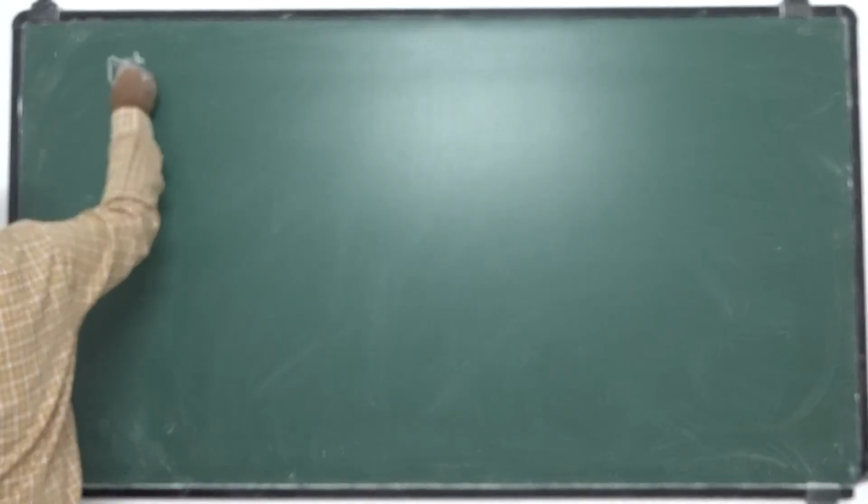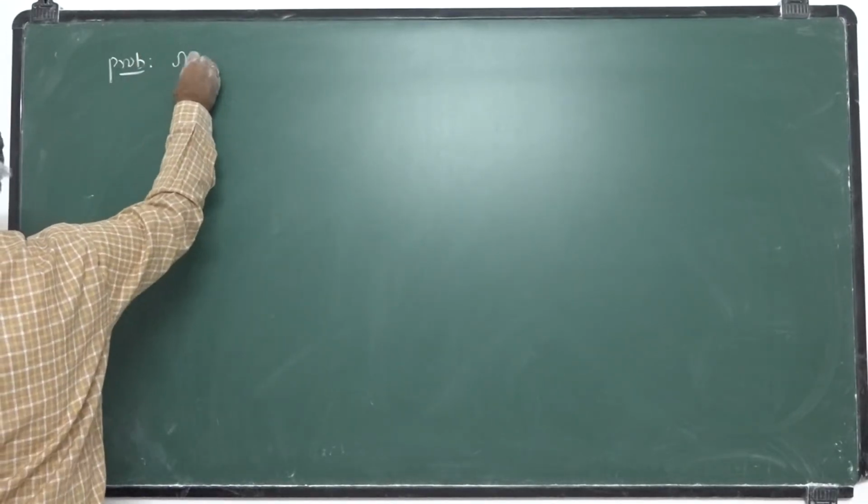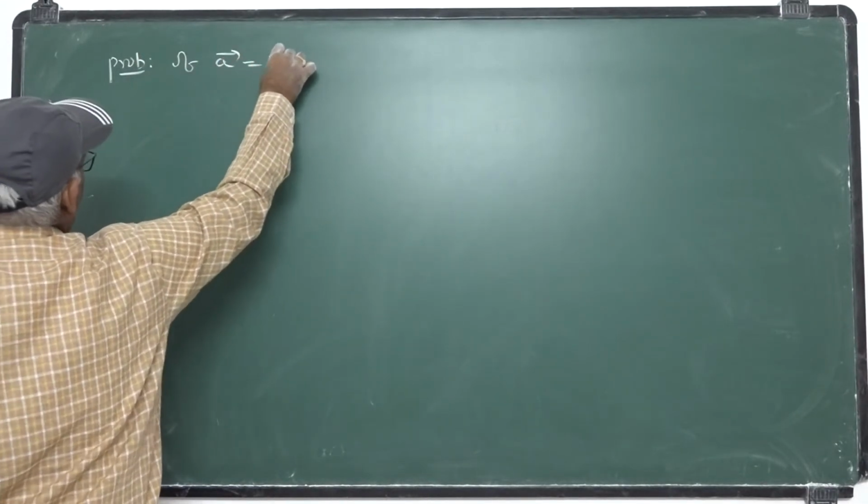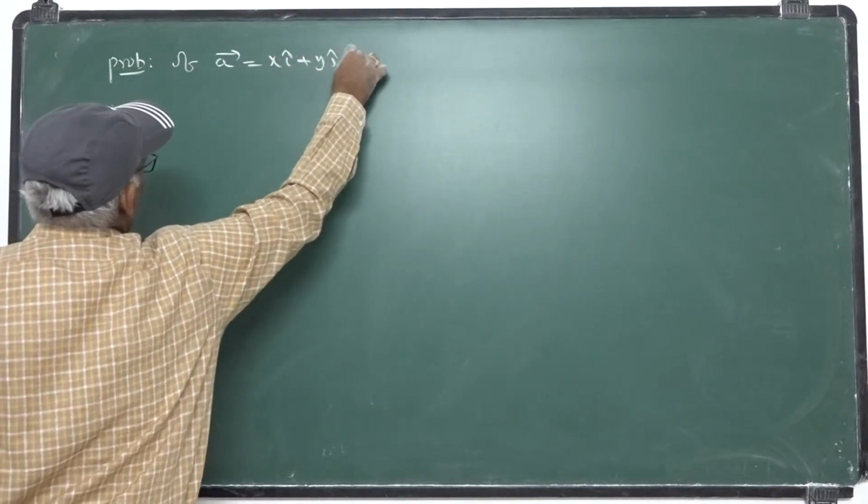Next problem. A bar is xi plus yj plus zk.